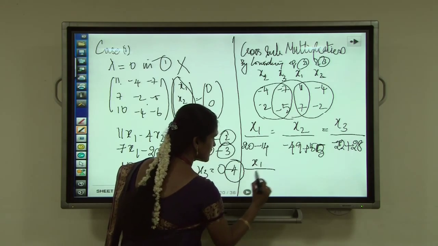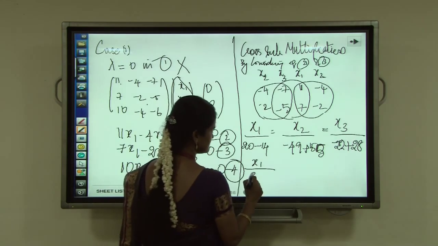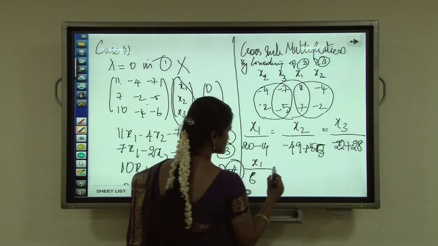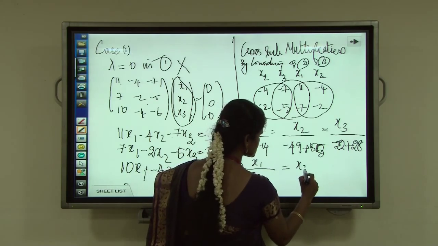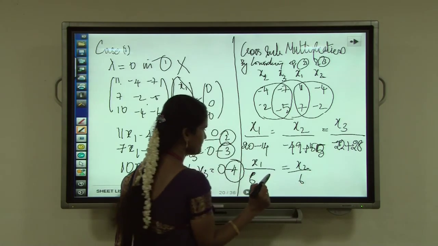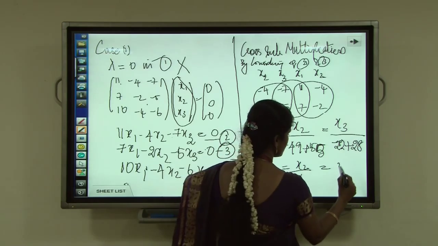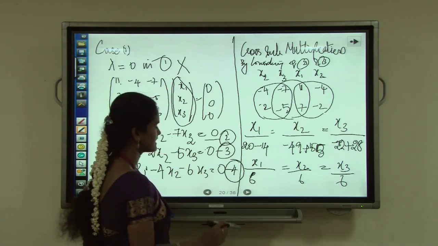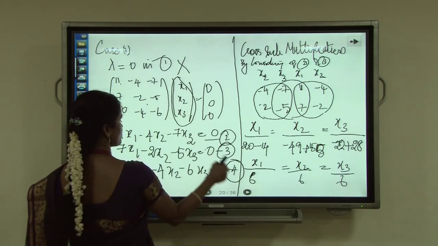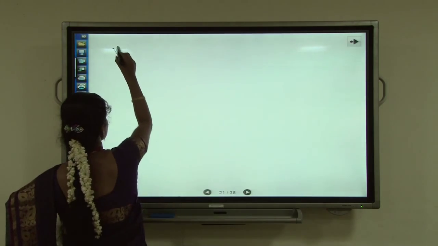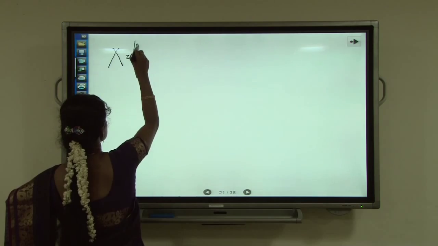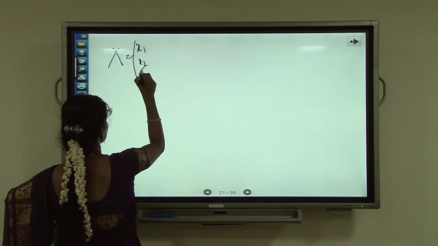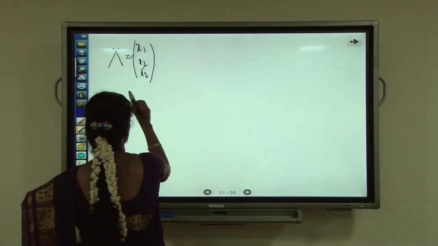You get x1 by 6 equal to x2 by 6 again, and x3 by 6 also. So what is your capital X1? Your capital X1 is a vector with x1, x2, x3 non-zero values.